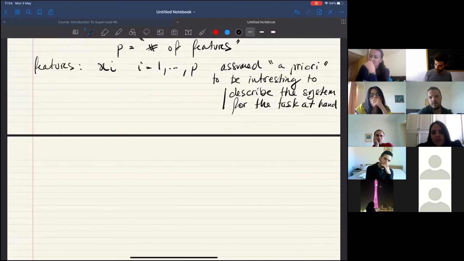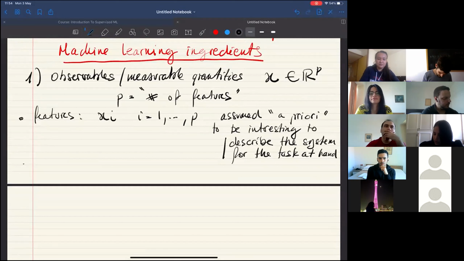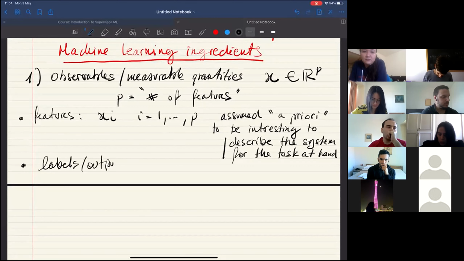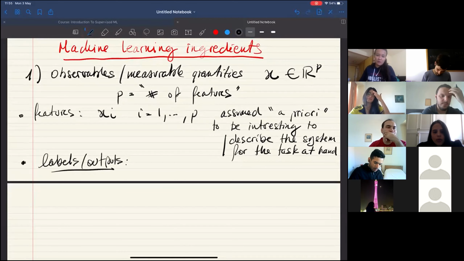All right, so we have the features. Now we have a second thing, which is what I will call the labels, or the outputs. This will be denoted by just y.